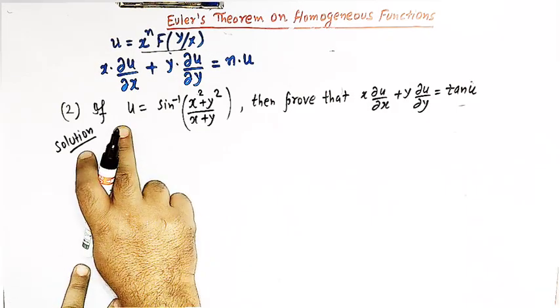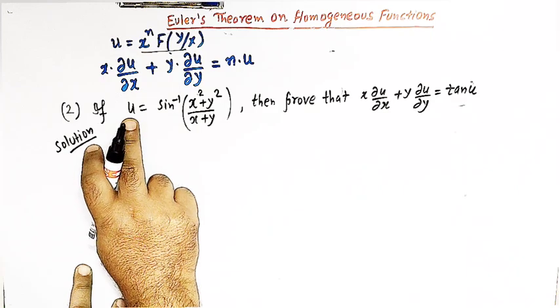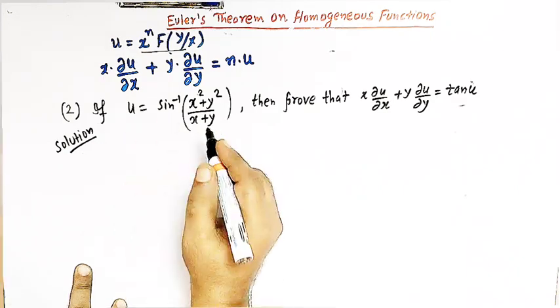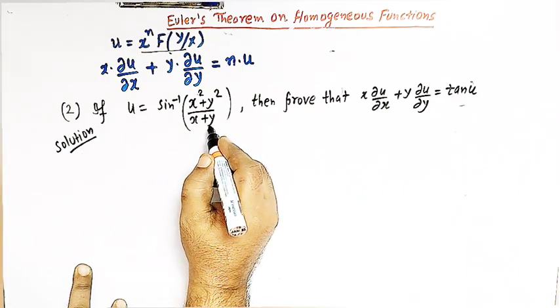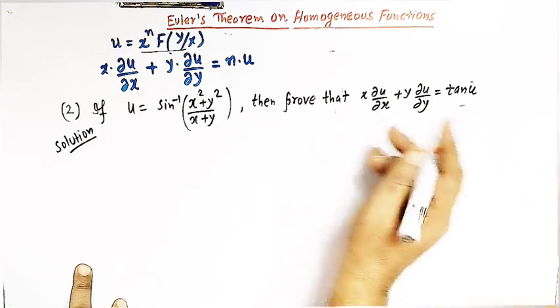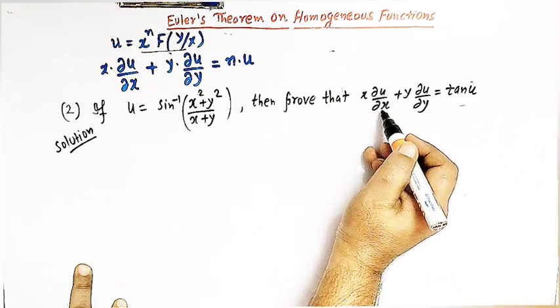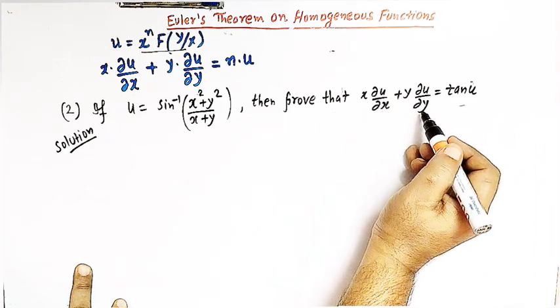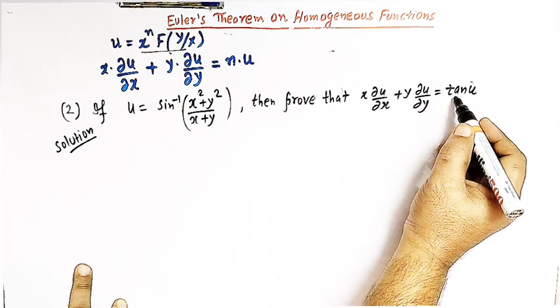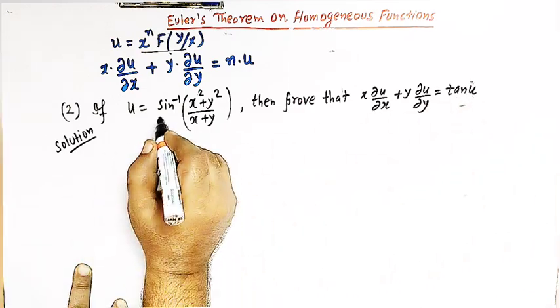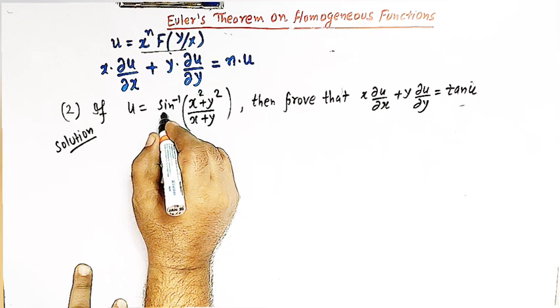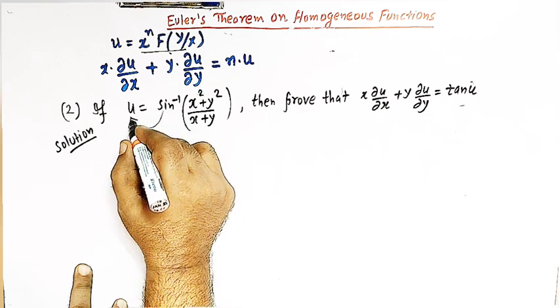So now consider this problem. So here we are given u is equal to sine inverse of x square plus y square over x plus y, and we have to prove that x times del u over del x plus y times del u over del y is equal to tan of u, right? So for this what we will do, we'll take sine inverse to this side.